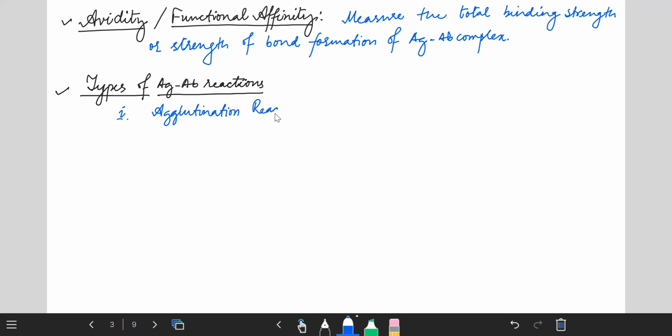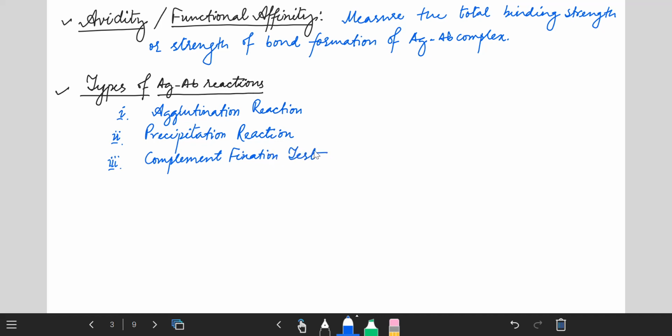Second one is precipitation reaction. And the third one is complement fixation test. And the fourth one is neutralization reaction.